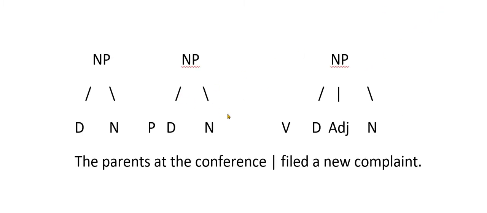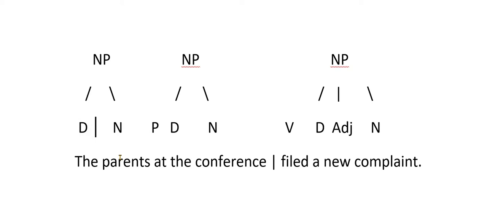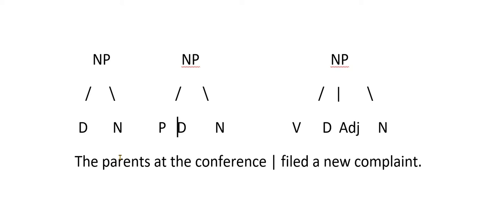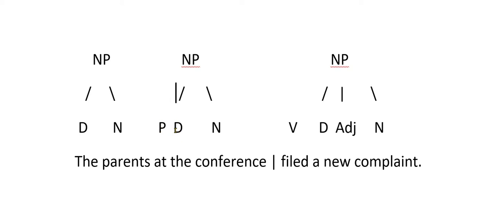I group my noun phrases together. Now there's a bunch of them in here. You see 3 of them? We have the noun phrase is the... Let me get this where it's more aligned correctly here. Give me a second. Okay, so we have the parents, we have the conference, and we have a new complaint, right?